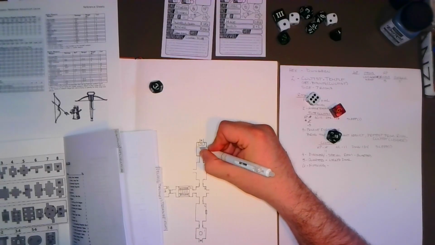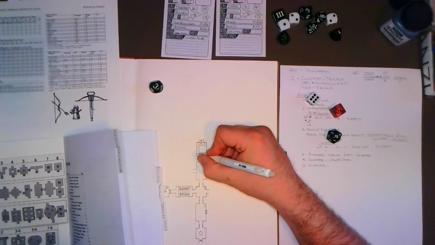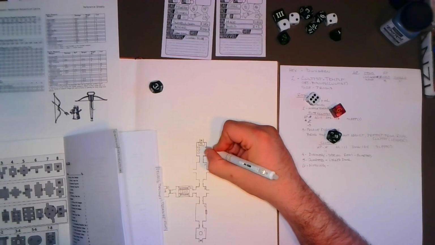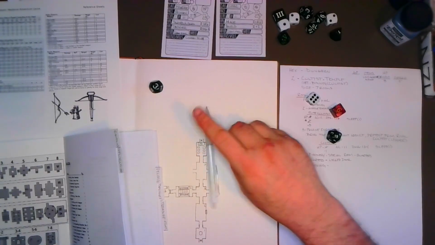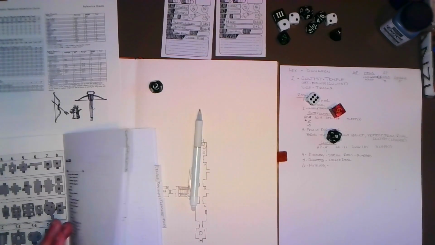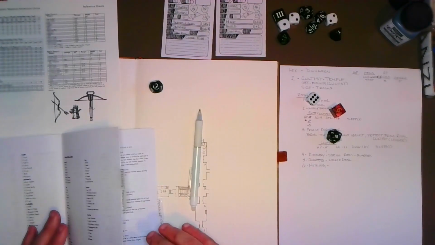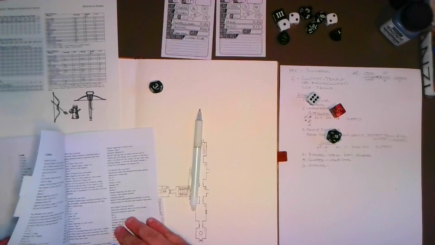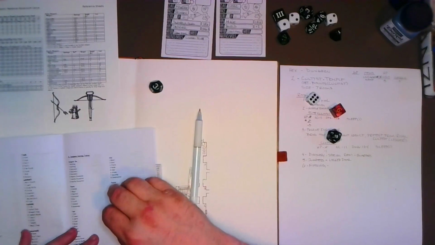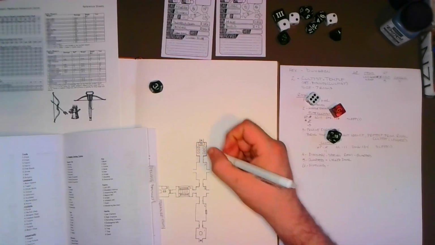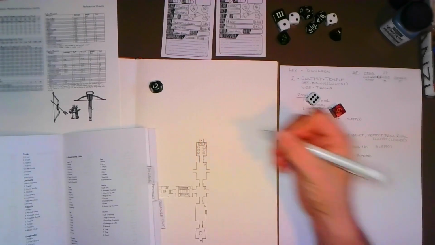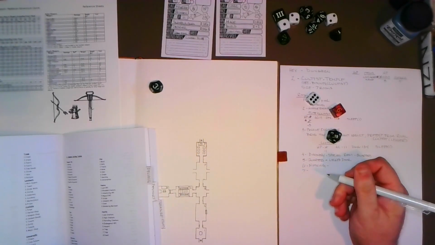And then pews. 2, 3, 1. Alright. Let's see. I forgot the order of operations. Starting. Cathedral? Wait.